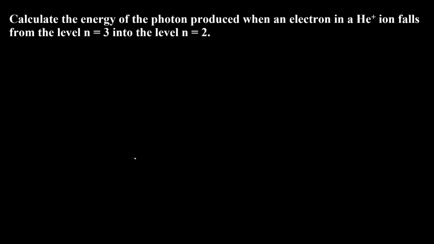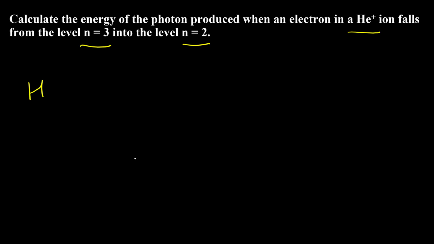And here is the last example. In this question, we would like to calculate the energy of the photon produced when an electron falls from level 3 to level 2, but not in a hydrogen atom, in a helium cation. So the Bohr atomic model is not only for the hydrogen atom. It can also be used for hydrogen-like ions.